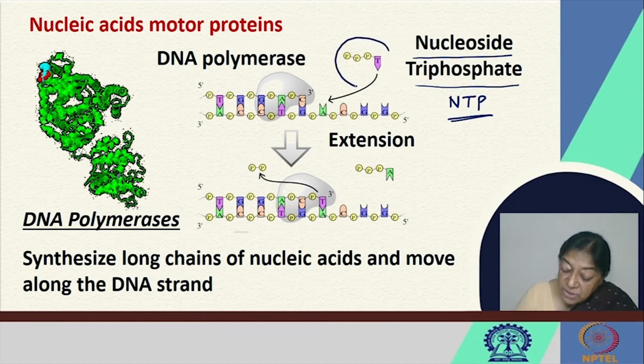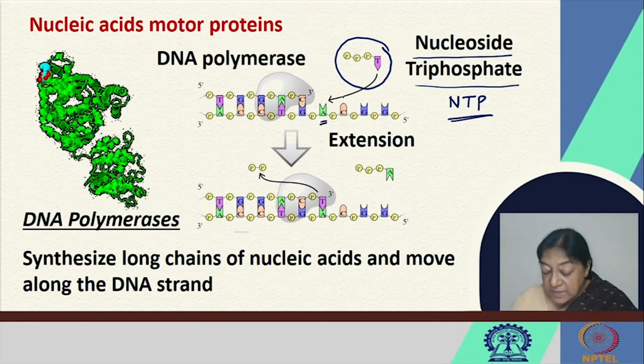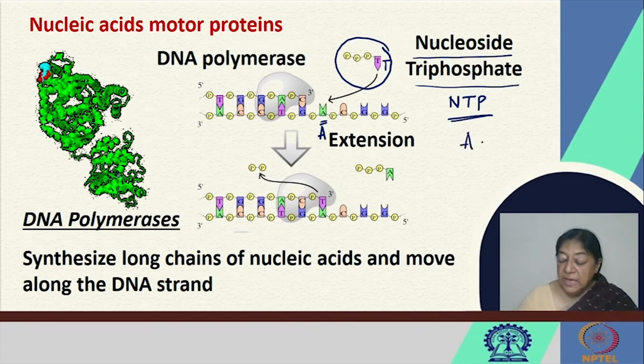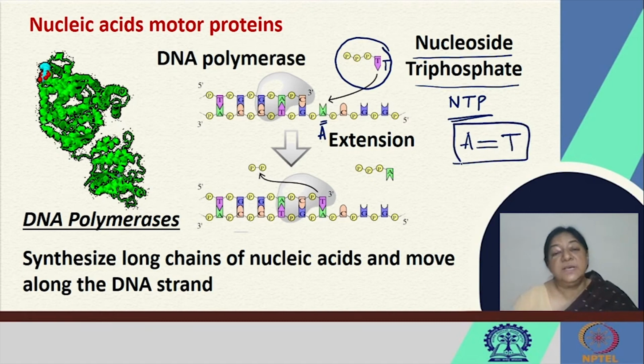Here we have our nucleoside triphosphate that comes and sits at its associated site. Here we have A, that is the adenine base. Here we have thymine, and we know that we have the A double bond T. This is the connection with the hydrogen bonds between the two nitrogenous bases.